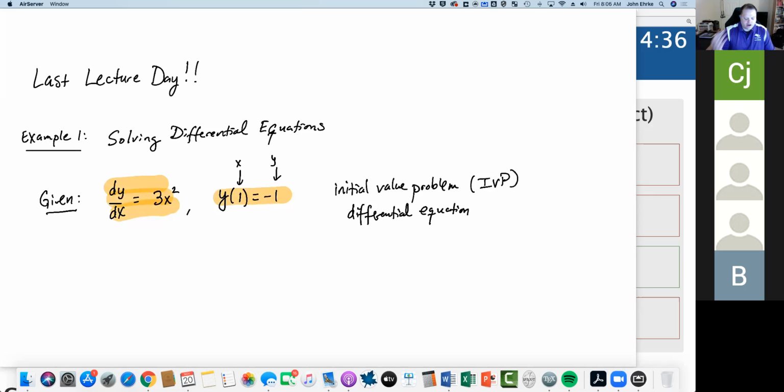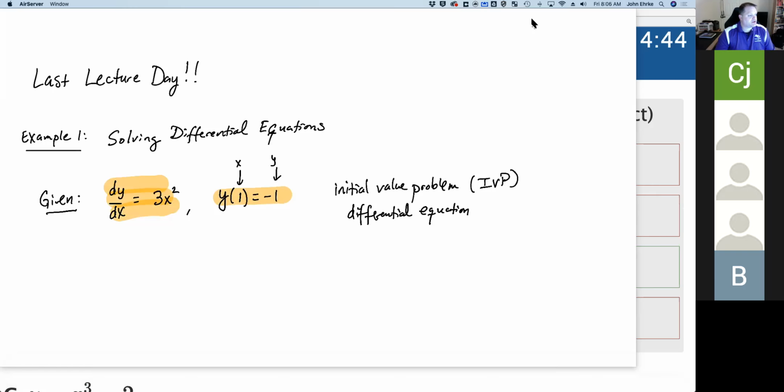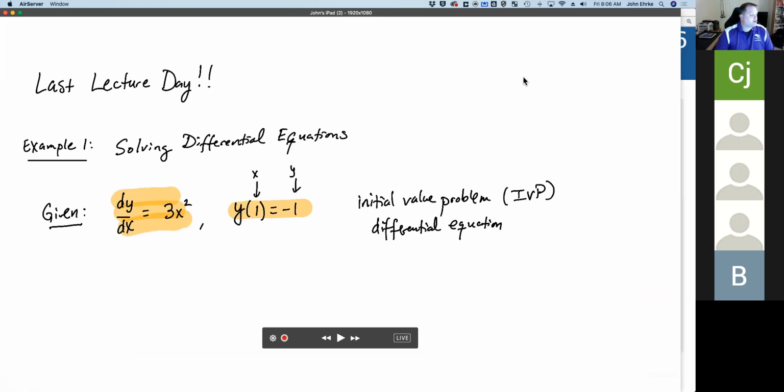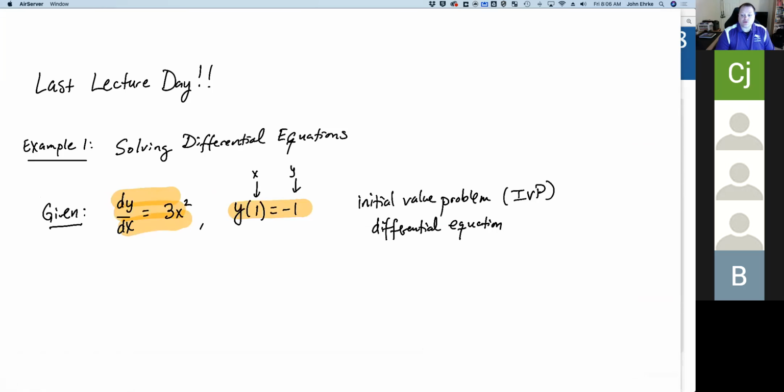So why do we care about antiderivatives? Well, the primary reason we care about antiderivatives is because they're going to allow us to solve differential equations. And it turns out that differential equations are the language of mathematics that's most suitable to modeling a variety of things.